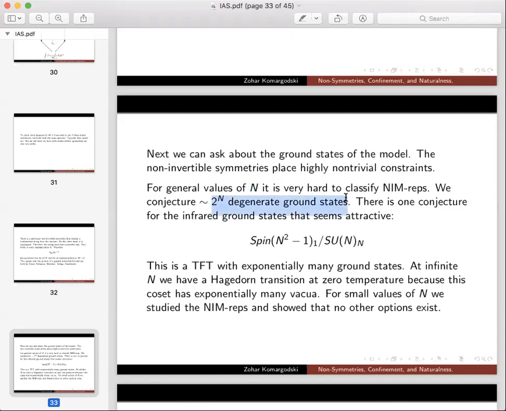So we claim that there are of order 2 to the n degenerate ground states. This is very unfamiliar. If you think about 4-dimensional gauge theories, 3-dimensional gauge theories, like super Yang-Mills, they usually have n vacua or one vacuum. This model is bizarre in that at the massless point it has an exponentially large degeneracy of the ground states.